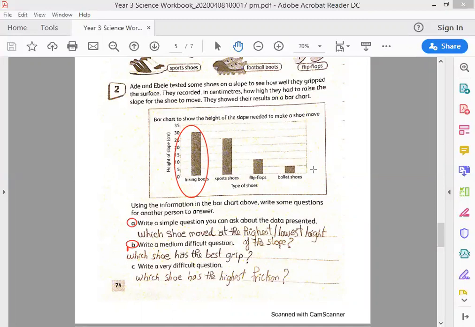So we may think of another question: which shoe has the highest friction? What do you think? Of course, hiking boots have the highest friction, while the ballet shoes have the lowest friction. Okay.